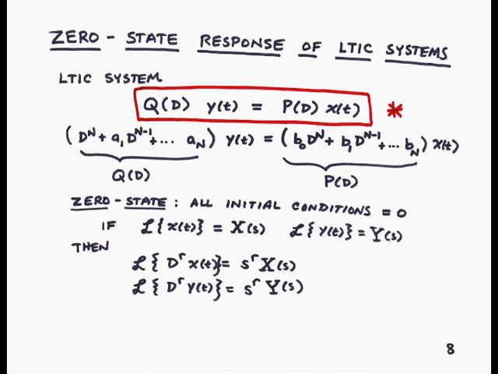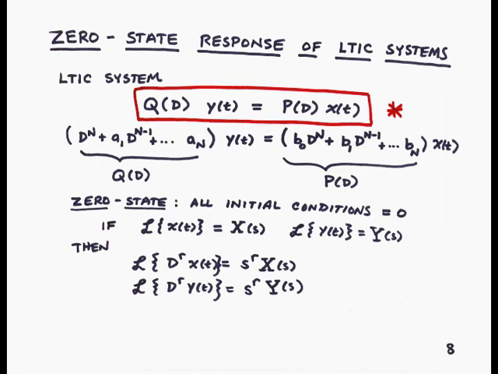So, to find the zero state response, we of course have all initial conditions 0. This is the response due only to the input. And we'll label the Laplace transform of x(t) as X(s) and the Laplace transform of y(t) as Y(s). Now, because it's zero state response and all our initial conditions are 0, we don't need to worry about those initial conditions when we take the Laplace transforms of derivatives.